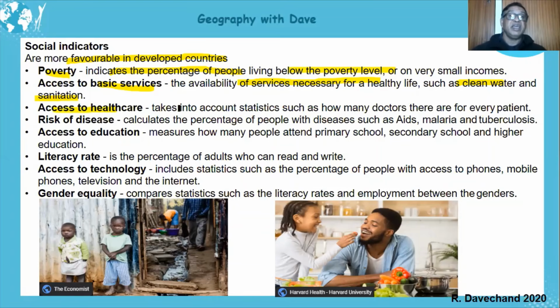Access to healthcare counts statistics such as how many doctors there are for every patient. So that's access to healthcare. And of course, there'll be more doctors to patients in a MEDC country. Risk of disease calculates the percentage of people with diseases such as AIDS, malaria, tuberculosis.